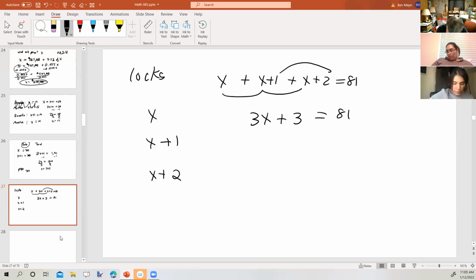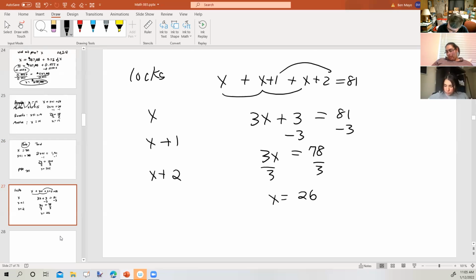Subtract 3 from both sides. 3X equals 78. Divide by 3, X equals 26. So this would be 26, 27, and 28. So the three numbers of the combination are 26, 27, 28. That would be a nice, easy combination to remember. We good to go on that one?